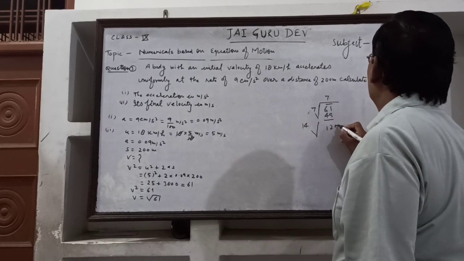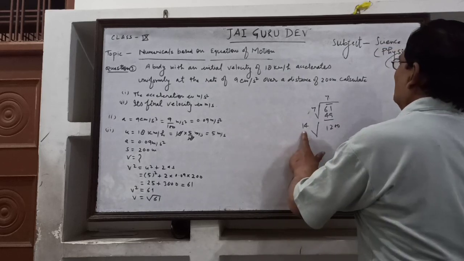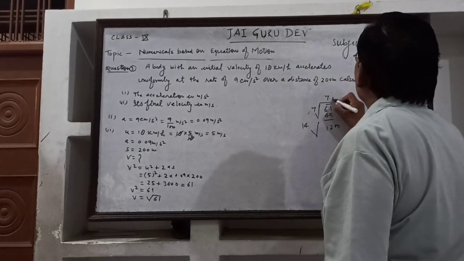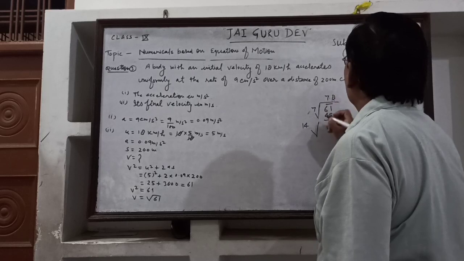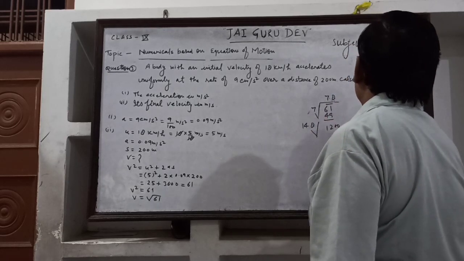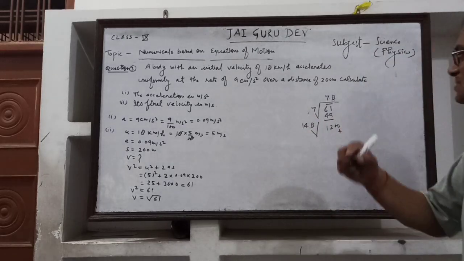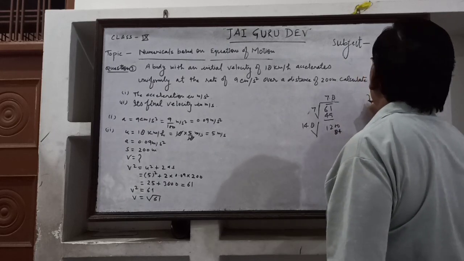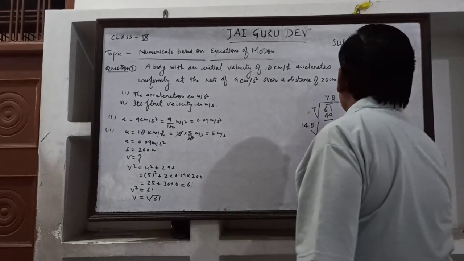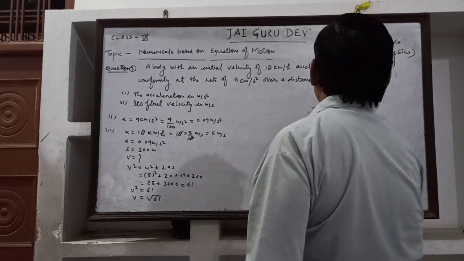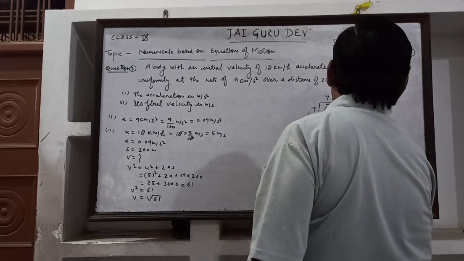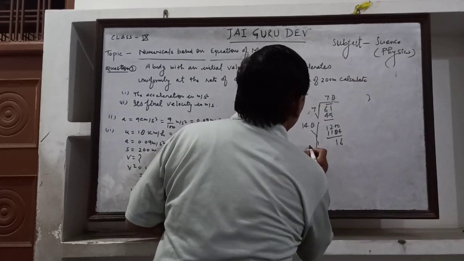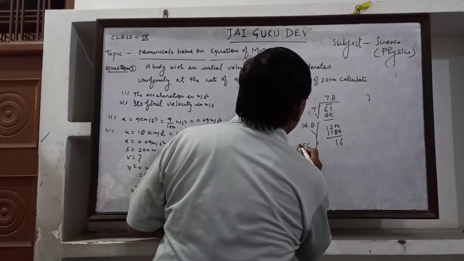Decimal, 1 pair of 0, table of 14, 8 also, 8 fours are 32, 8 ones are 8.